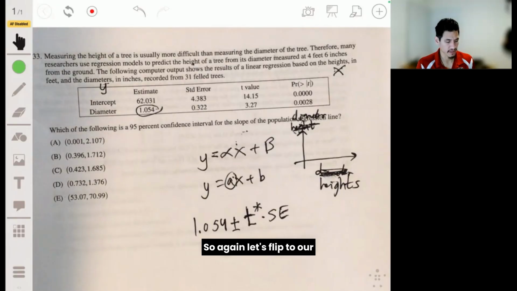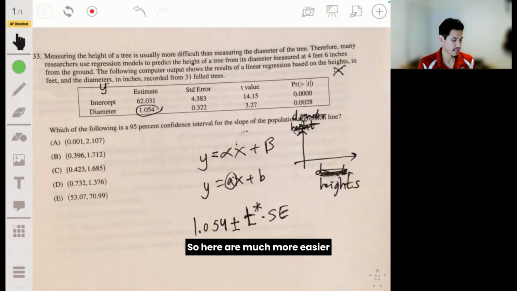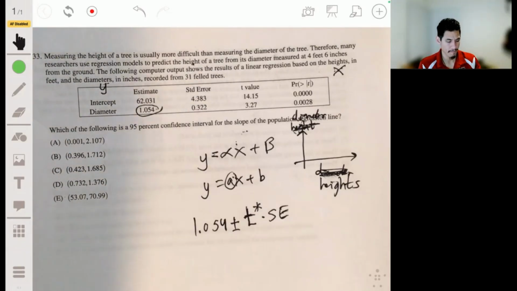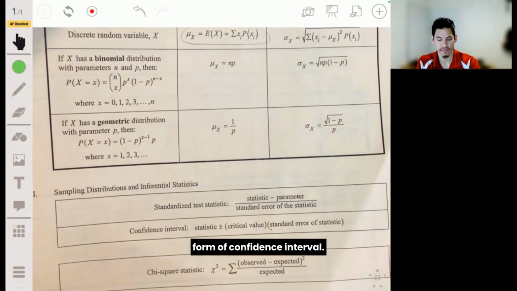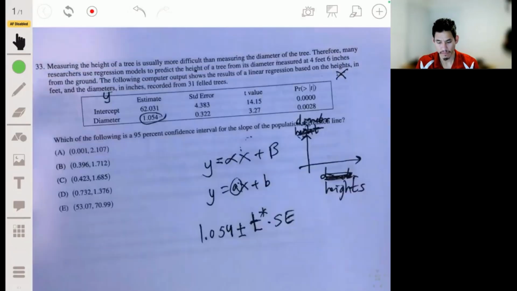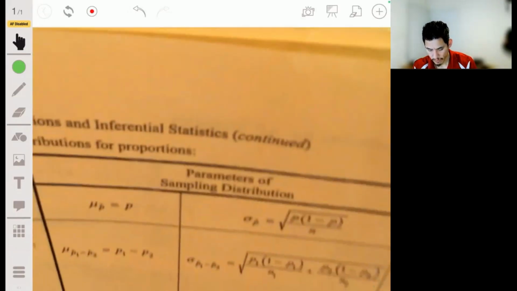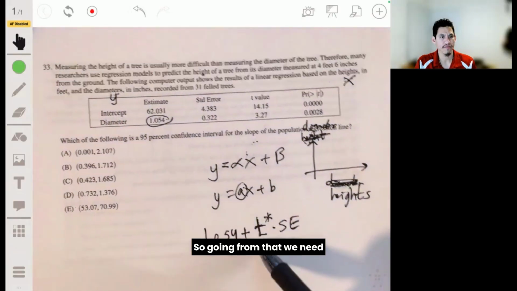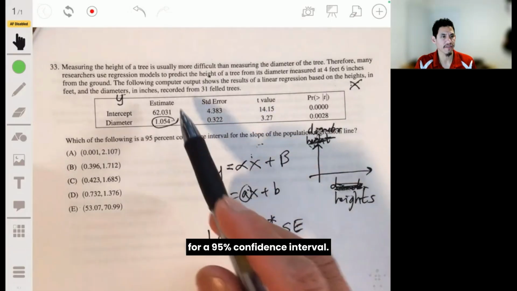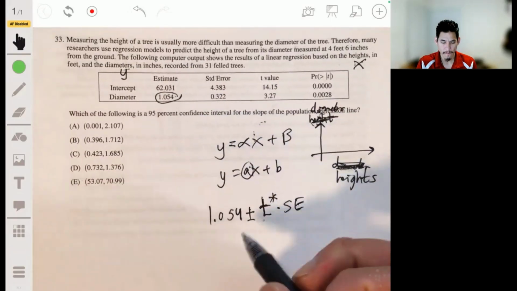So again, let's flip to our packet, much easier to recognize what's going on. And again, this is the general form of a confidence interval. So going from that, we need to find the T star value for a 95% confidence interval.